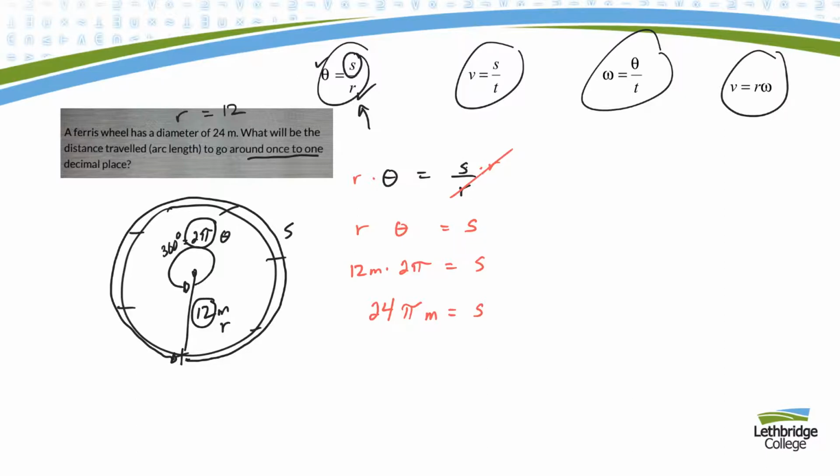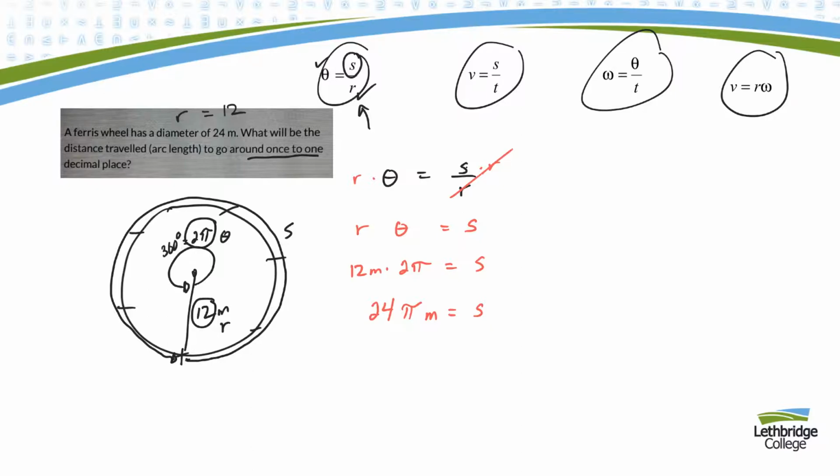Now, I don't know if they say to go to a decimal place. Oh, okay, so on your calculator, let me do that. Some people just do a shortcut and just call pi 3.14, but unless they specifically tell you to use that, I would always just use the pi button on your calculator. So don't use 3.14 unless they specifically say to use it.